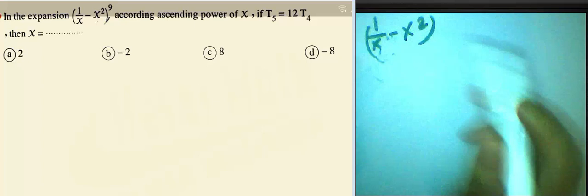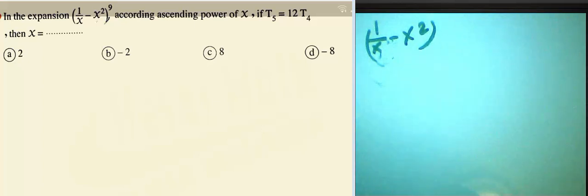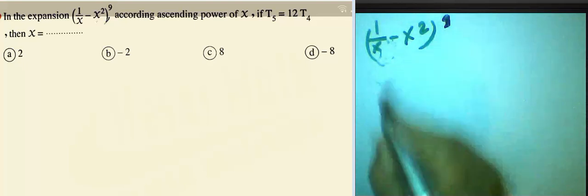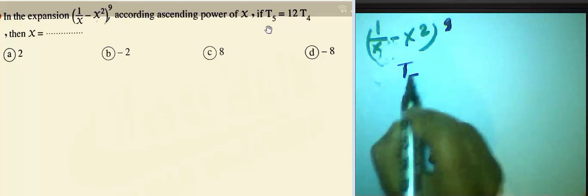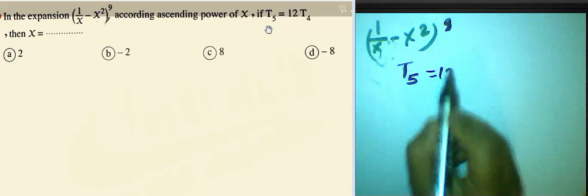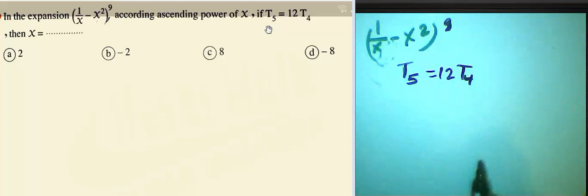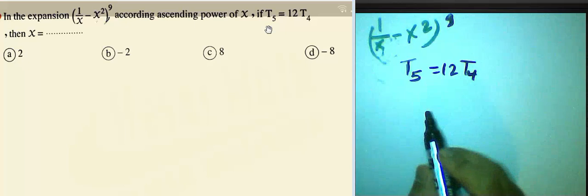Next question: in the expansion of 1 minus 1 over x minus x squared, all power 9, according to ascending powers of x, if term 5 equals 12 times term 4, then x equals what?